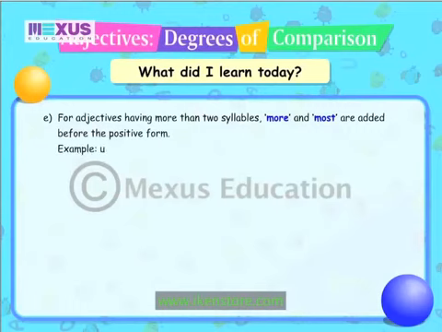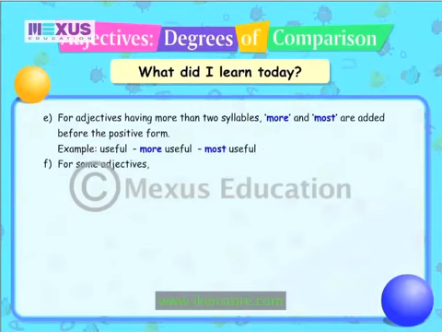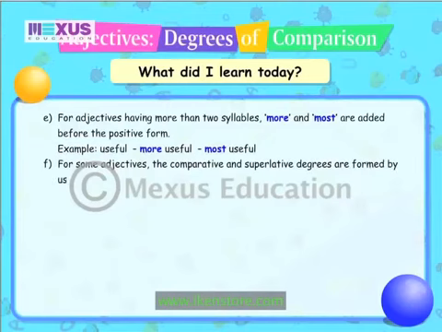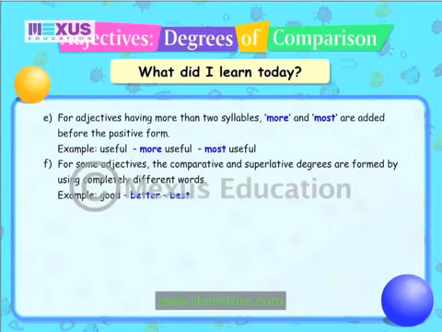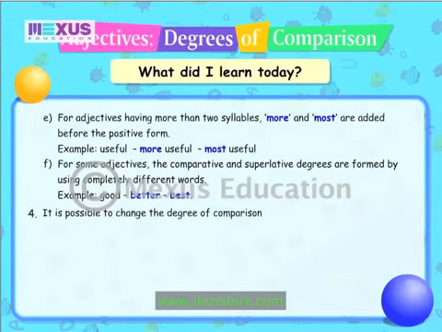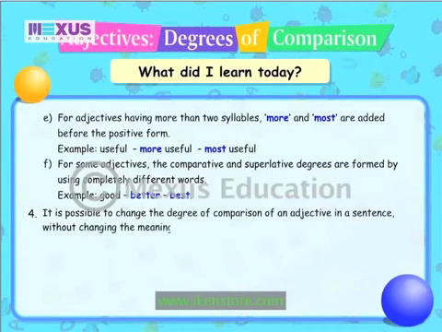Example: useful, more useful, most useful. For some adjectives, the comparative and superlative degree are formed by using completely different words. Example: good, better, best. It is possible to change the degree of comparison of an adjective in a sentence without changing the meaning of the sentence.